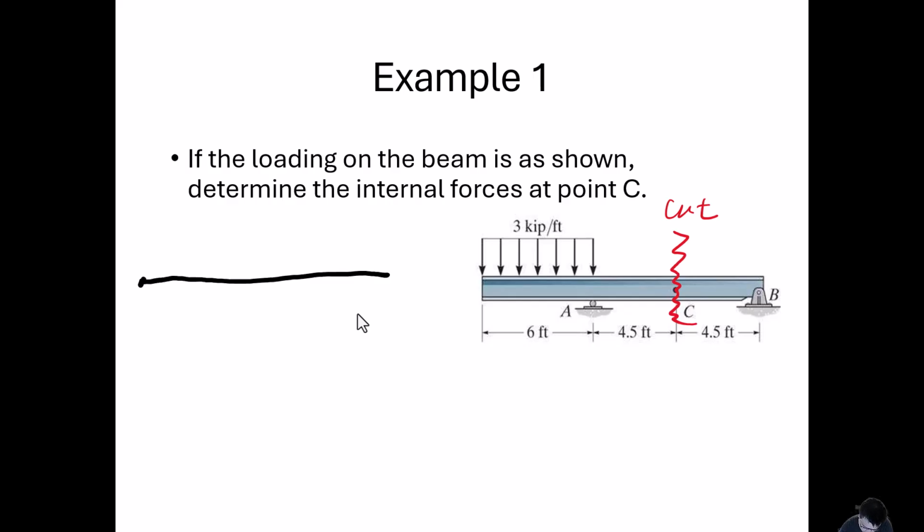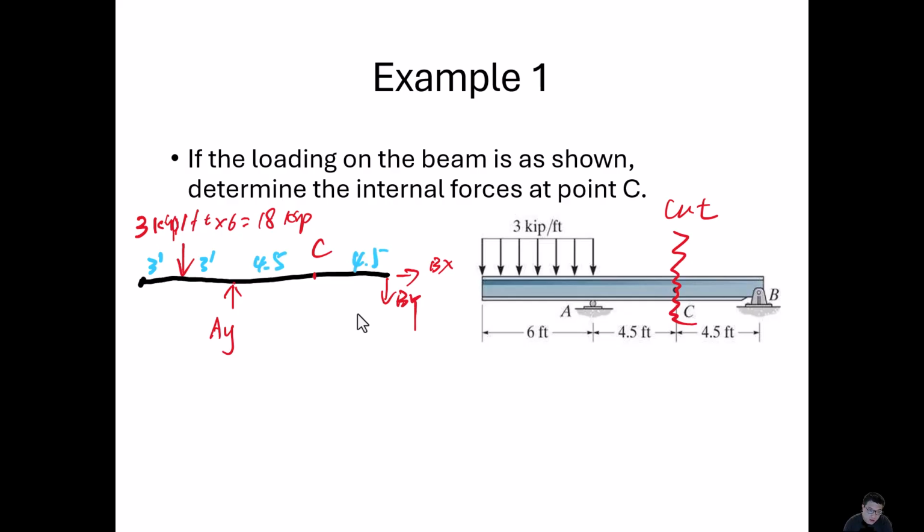We have Bx, By, and Ay, and let's convert the distributed load, 3 times 6. Here is point C. The geometry is 3, 3, 4.5, 4.5.